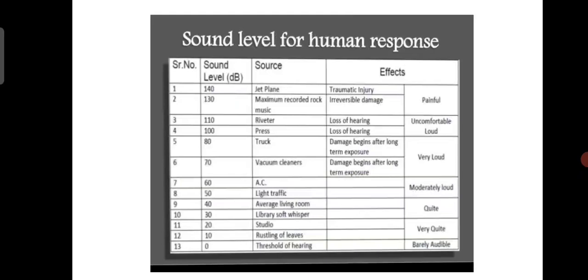Various sound levels and how they affect the human ear: 0 decibel is the threshold limit, and it is barely audible to the human ear. 10 decibel is rustling of leaves, and it is very quiet. 20 is studio level hearing, also very quiet. 30 to 40 decibel is very quiet, like the atmosphere in a library.